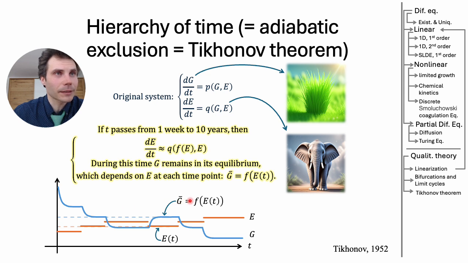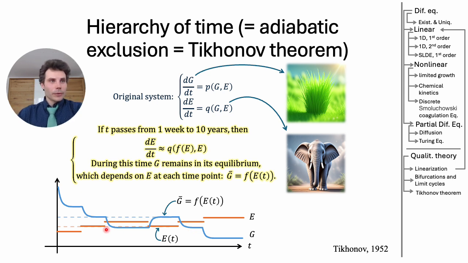And it's exactly the f of E of t. This happens specifically because the kinetics of grass is very fast, because it almost instantaneously stabilizes itself on the quasi-stationary level.